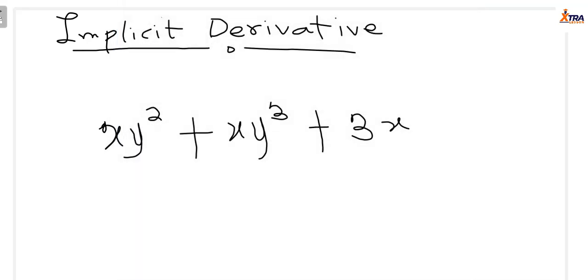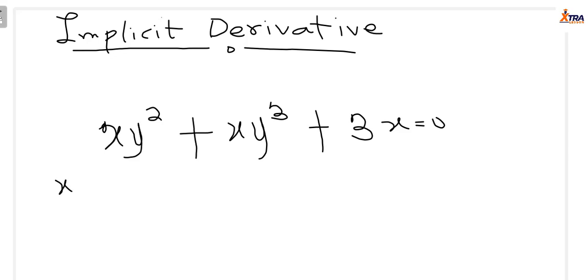Now if you are to find the differentiation of this, we first look for the differentiation of the x here.